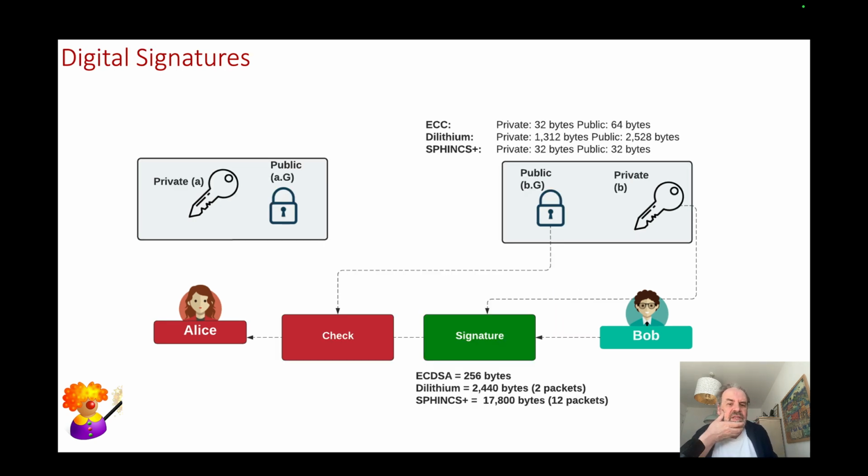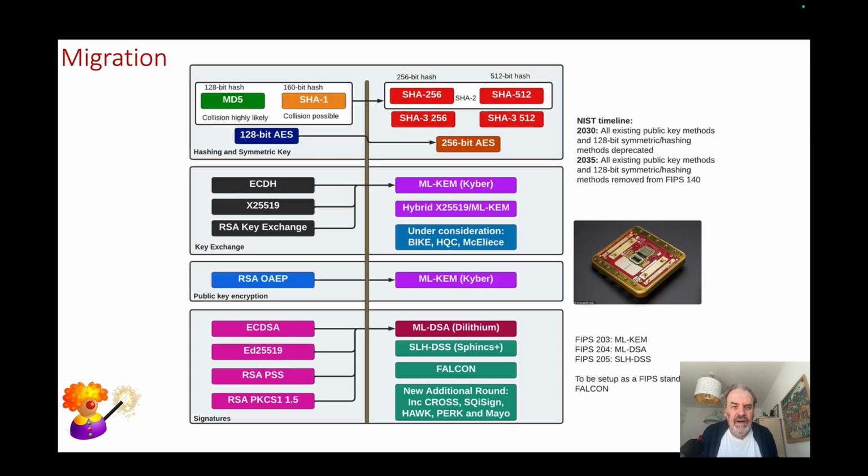When it comes to digital signatures, with Dilithium the public key is about 2500 bytes, which would mean that we'd need 2 data packets to send the public key. SPHINCS+ is much larger, and we'd need 12 packets to be able to send the public key for that one.